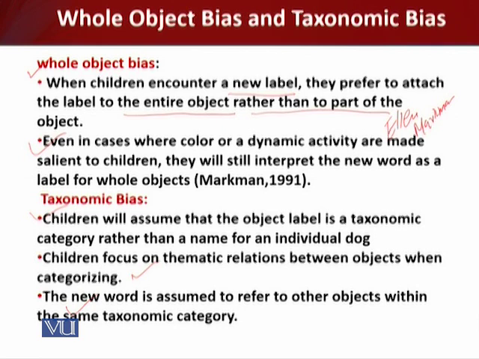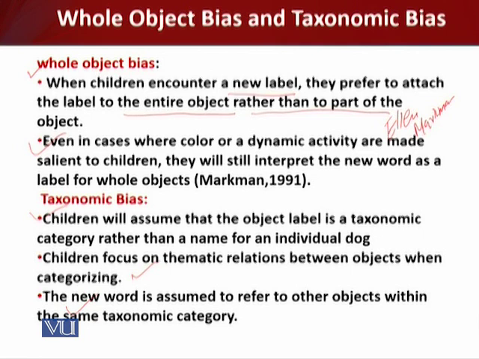Markman's early work in this area dealt with this constraint at work when 2 and 3-year-olds were presented with two basic level objects, two different kinds of dogs, and a third thematically related object, dog food. They showed a tendency to select a dog and dog food.